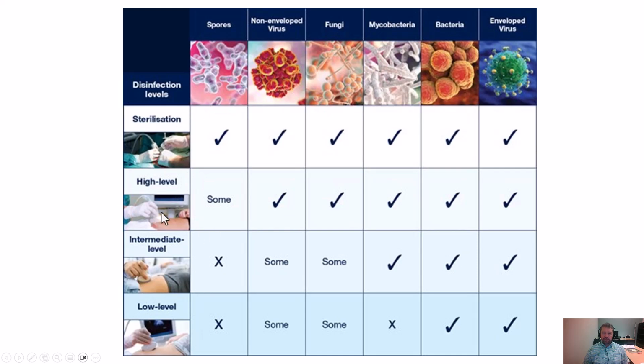High level means that some endospores can make it through. Okay, the rest of the pathogens don't. Intermediate level, probably half the things are destroyed, and maybe half are not. And then low level, these would be general consumer stuff. Wash your table with it, clean your counters with it, your toilets, etc. But realize that there's still spores there. There's probably viruses and fungi that are living, etc.